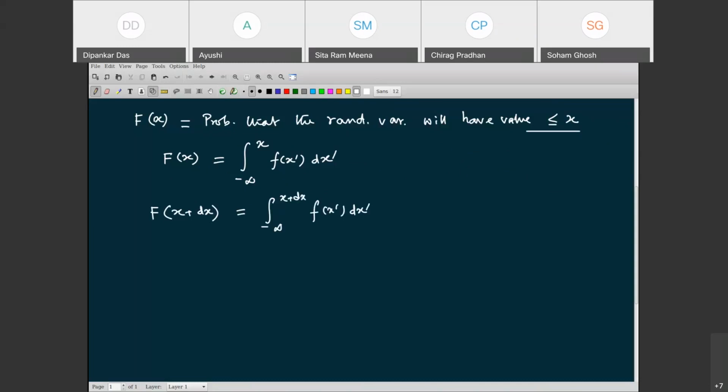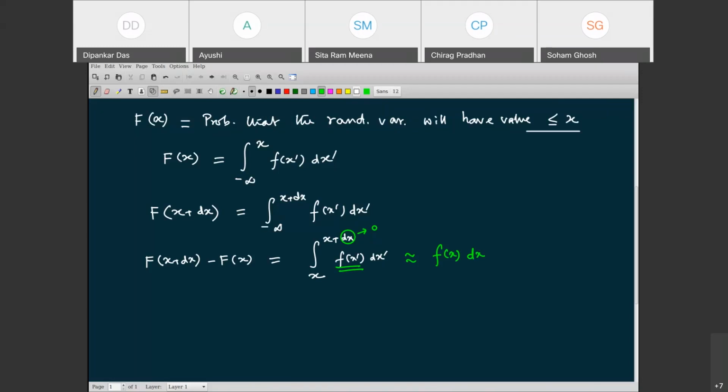Quite evidently, if you take F(x plus dx) minus F(x), then, changing the limit, that is the integral from x to x plus dx of f(x') dx'. And if this dx is really small, tending to 0, you can approximate this as f(x) times dx, because f stays at a constant value f(x), and you multiply by that dx.